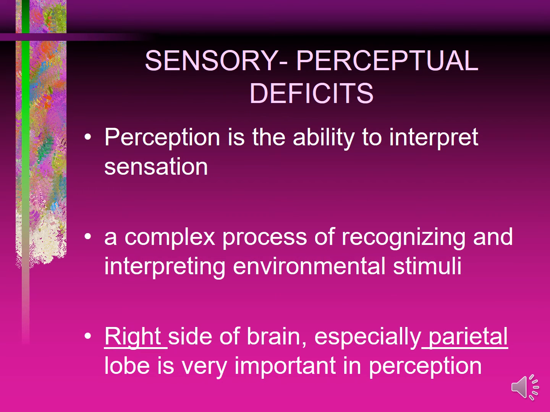Perception, of course, is the ability to interpret sensation. It's also a very complex process of recognizing and then interpreting stimuli that we take in from the environment. And for perception, the right side of the brain, especially the parietal lobe, is very important. So again, my little memory tip is parietal and perception to help you remember that one.